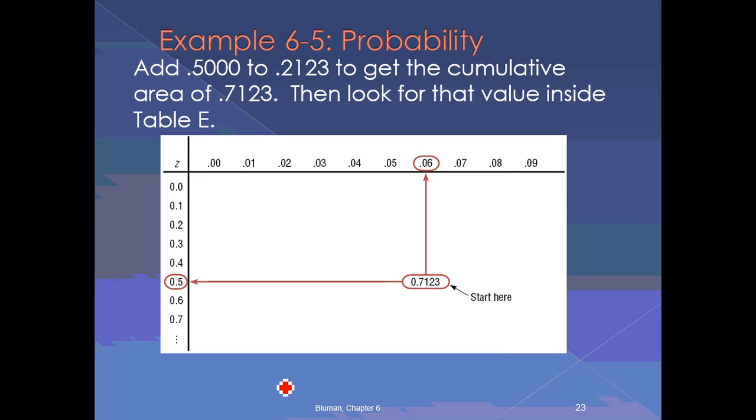You go to your book, and we actually find exactly 0.7123. What number represents that? It's 0.5 and 0.06, so if you put those together, that's 0.56. So your z-value is 0.56.